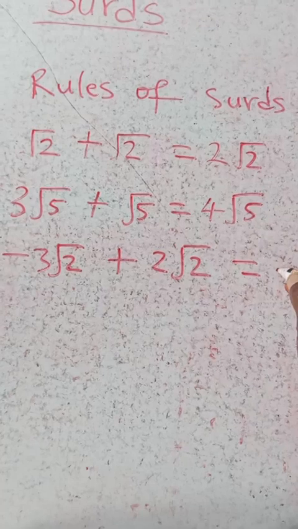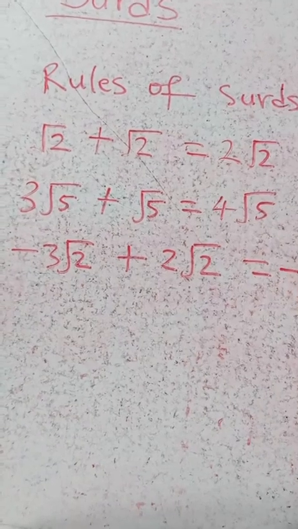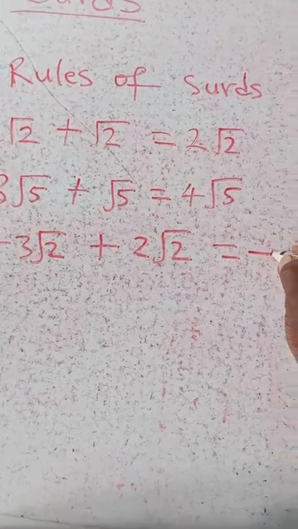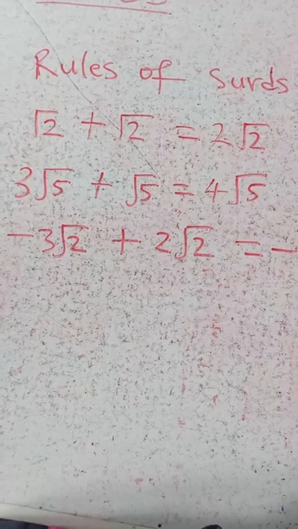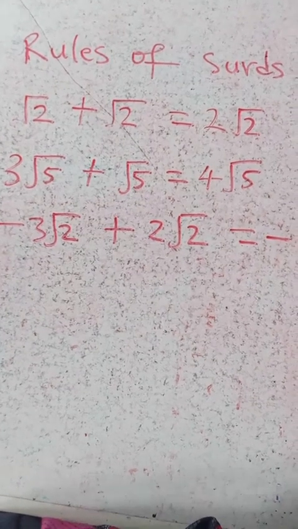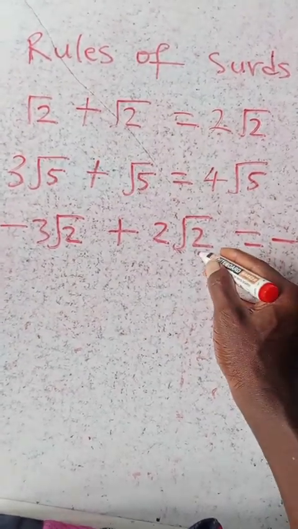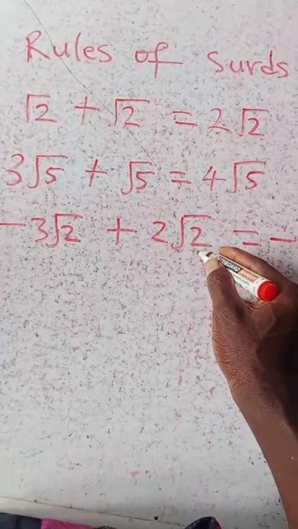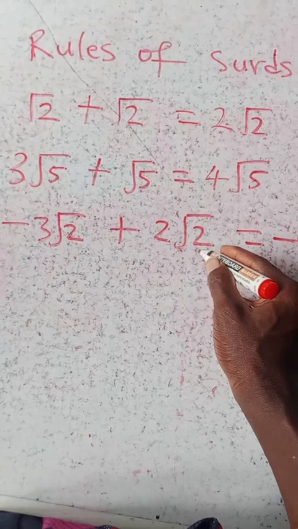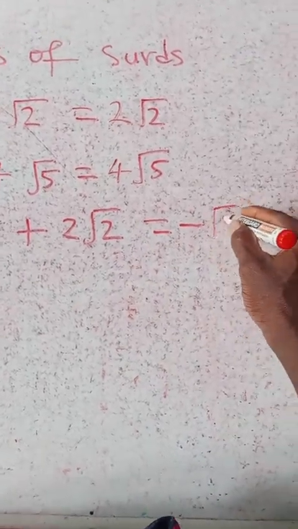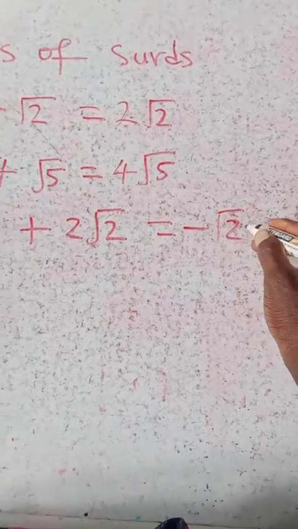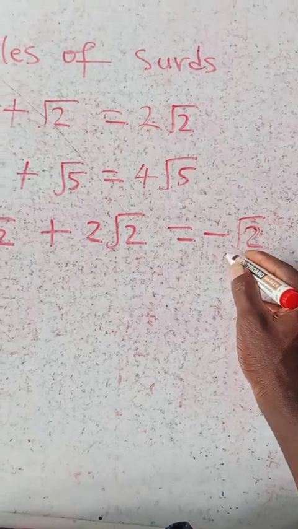You will still be owing the person. Since you're owing the person, you write minus. How many? Just 1 goat, and the goat is representing root 2. So you say minus root 2.